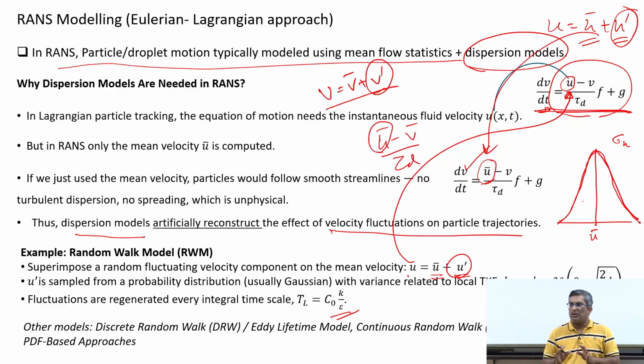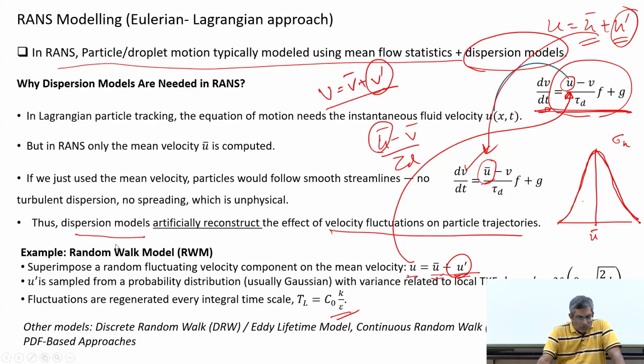So in simple terms, you calculate the mean, you have information about the standard deviation. Using that, assuming Gaussian distribution, you create one u dash and put that here to calculate the instantaneous velocity and then calculate the particle trajectory.